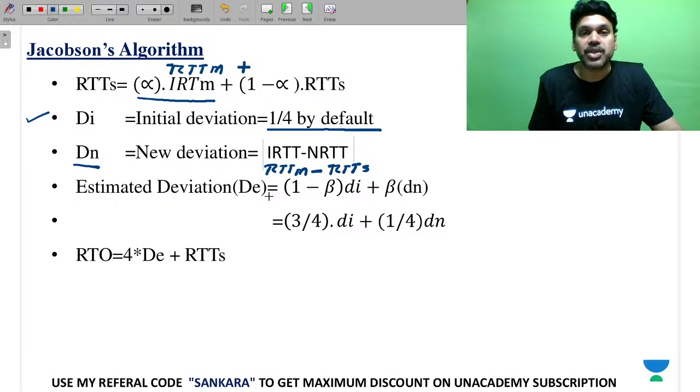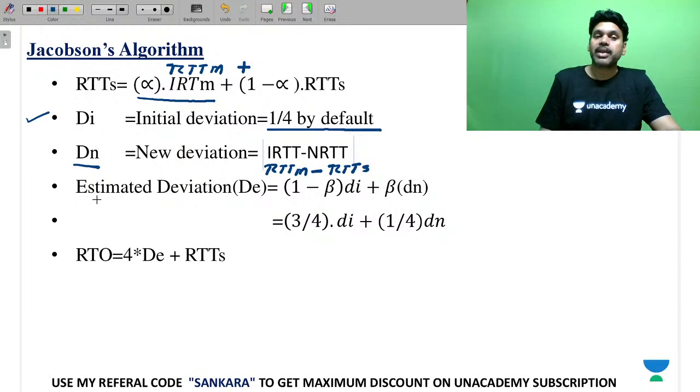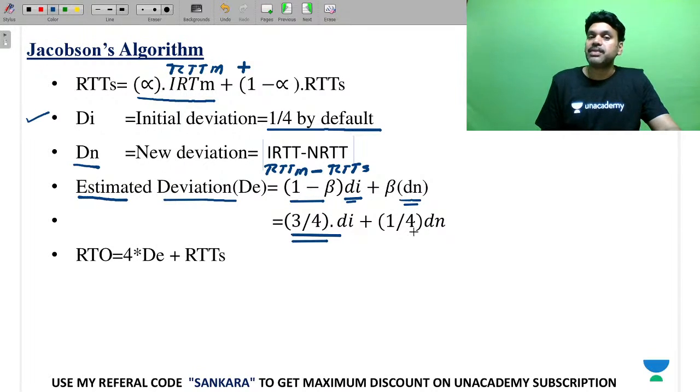Then your estimated deviation is (1 minus beta) times your initial deviation plus beta times your new deviation, which is 3 by 4 of your initial deviation and 1 by 4 of your new deviation. So your RTO is 4 times your estimated deviation plus RTTS. Estimated deviation is nothing but DE.